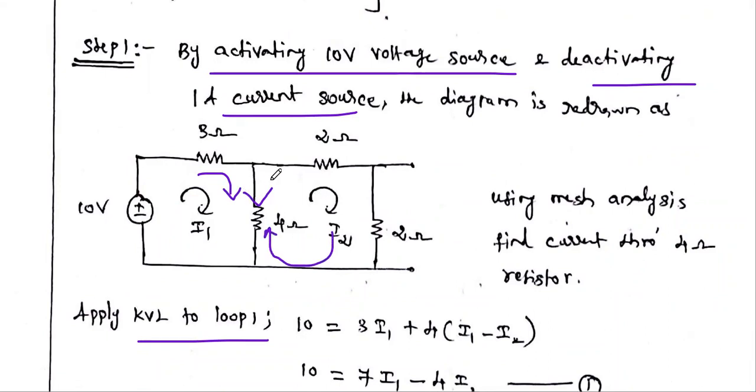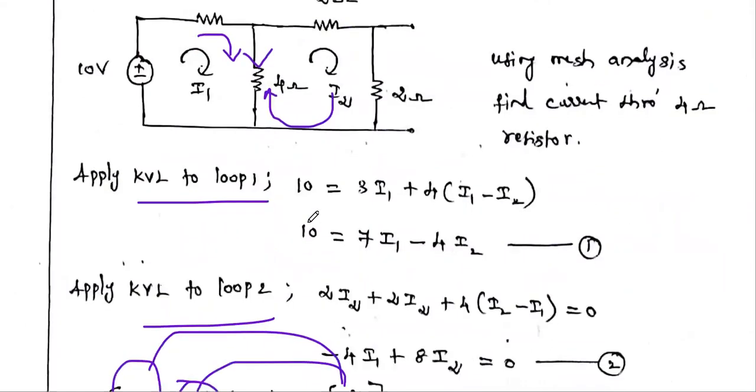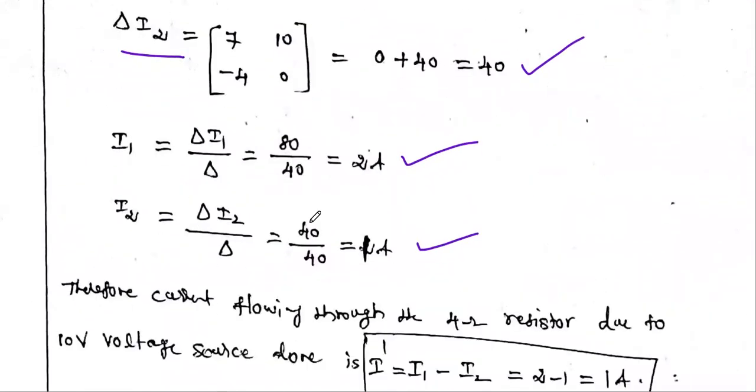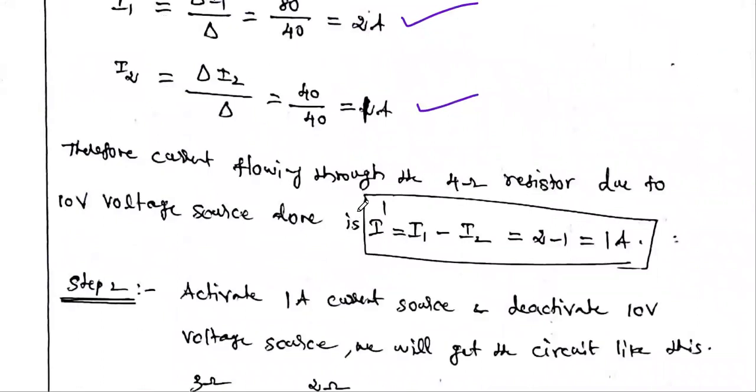So the current flowing through the 4 ohm resistor is nothing but I1 minus I2. Therefore, you consider the current flowing through the 4 ohm resistor due to the 10 volt voltage source alone as I dash. It is I1 minus I2, so 2 minus 1, 1 amp. This is the first step.